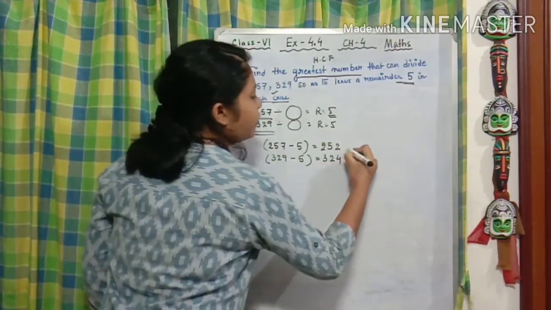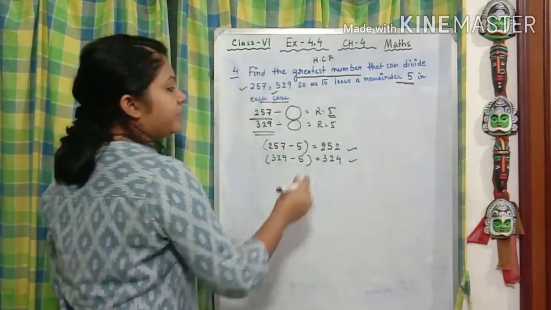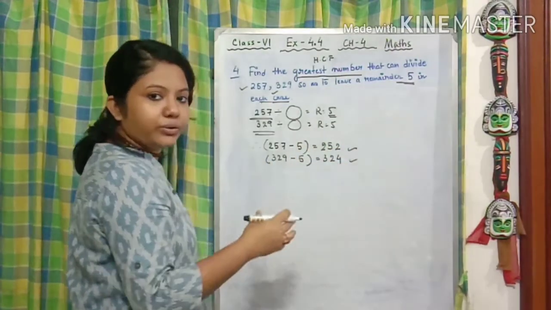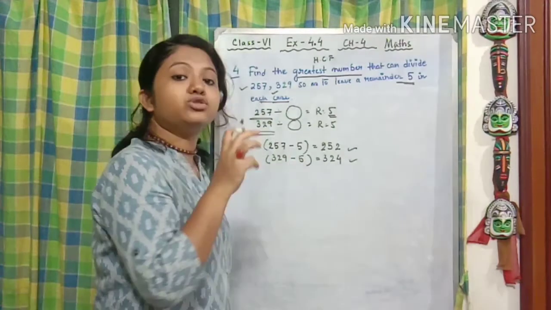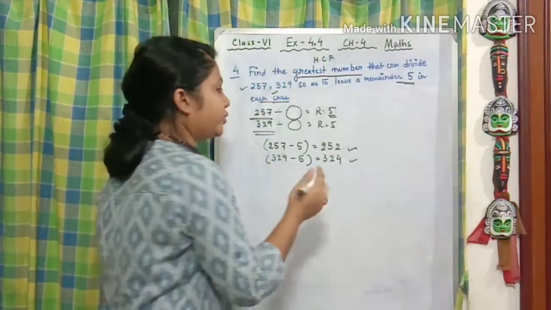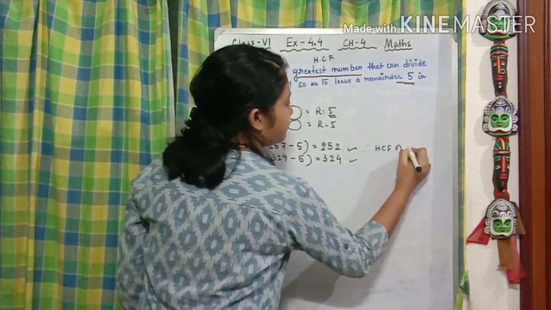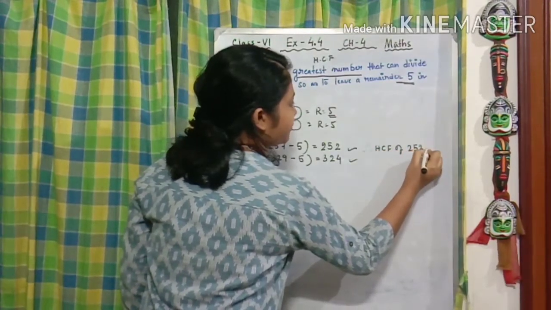Alright. Now when we find the HCF of these two numbers, we will get exactly the highest common factor between them. Therefore, HCF of 252 and 324.